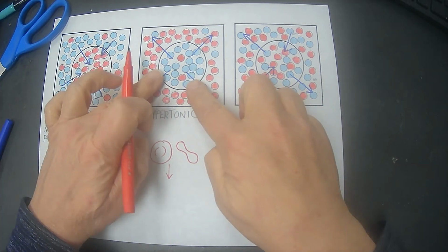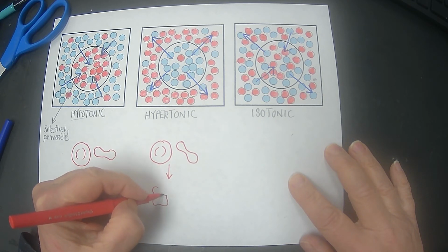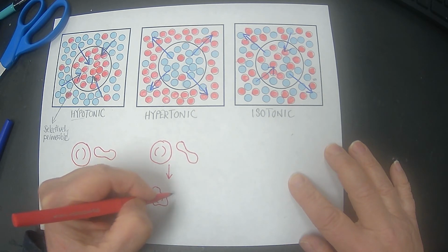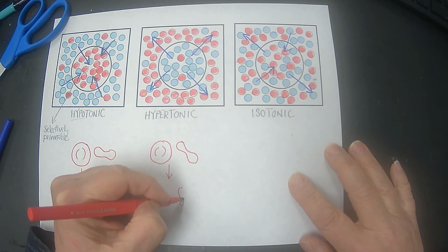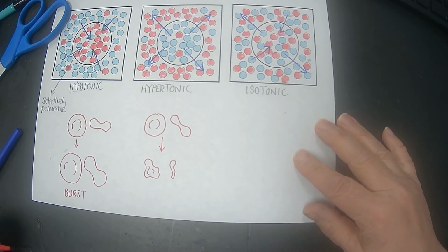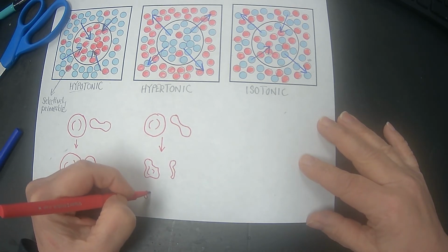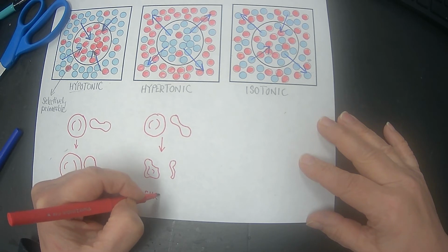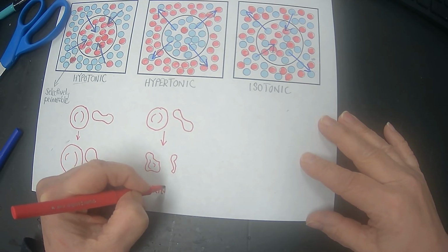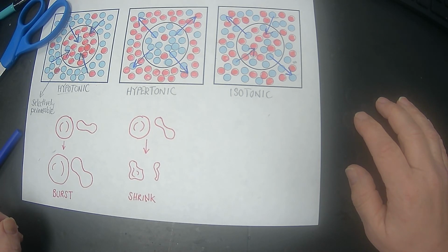And so if the cell's losing water, this is what's going to happen. Your cell is going to shrink. And if your red blood cells shrink, right, then they're no good at carrying oxygen. You do not want to do that, do you?